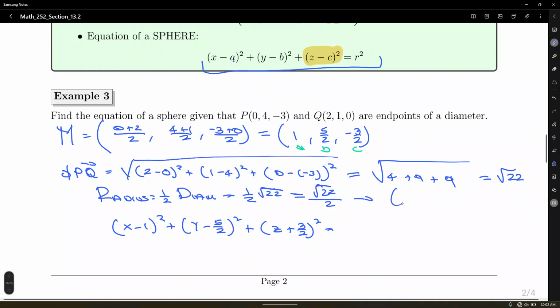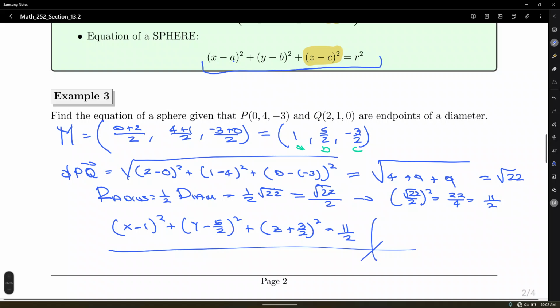Let me square that number. That's root of 22 over 2 squared. That's going to give us 22/4, isn't it? Which reduces to 11/2. So that's the equation of our sphere. All right? That's the equation of a sphere. Okay.